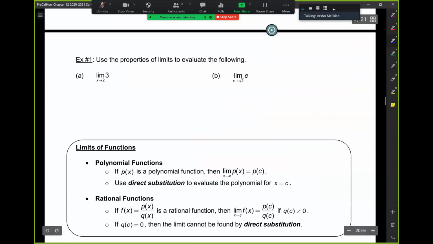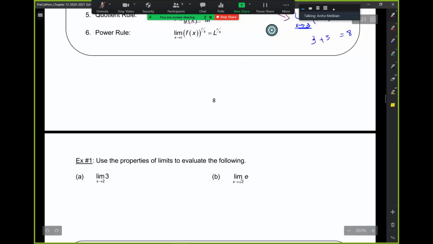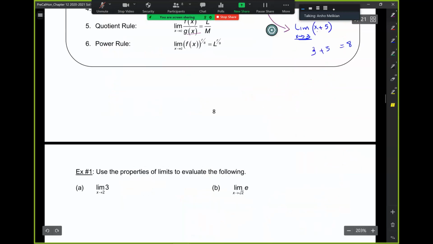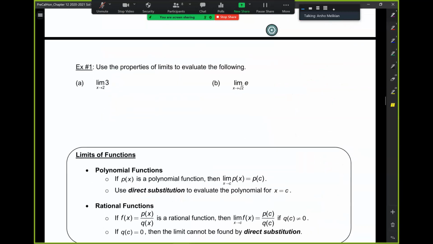Okay, so let's actually get into it now. I want the limit as x approaches 2 of 3. This is the one we just did. We said it was just 3. Then I want the limit as x approaches root 2 of e.